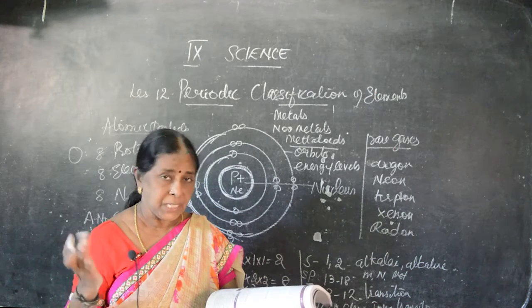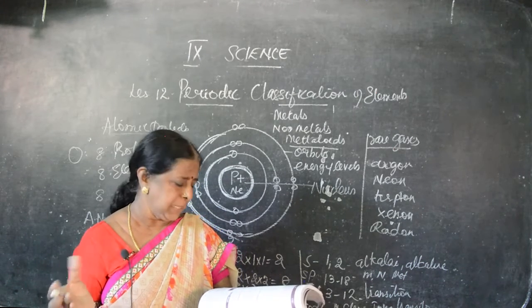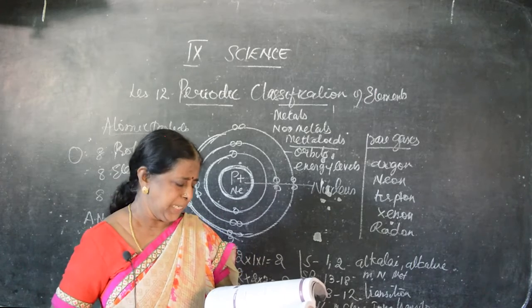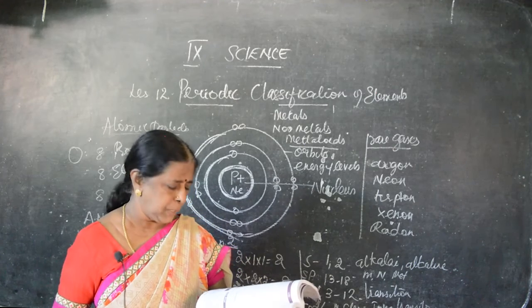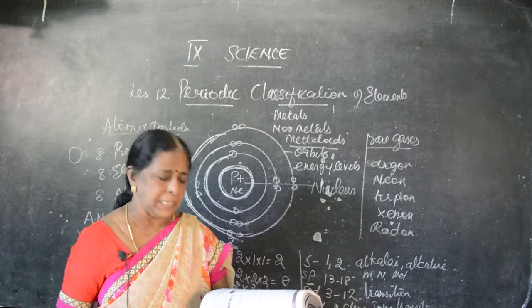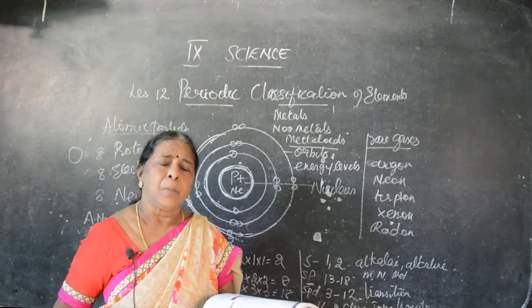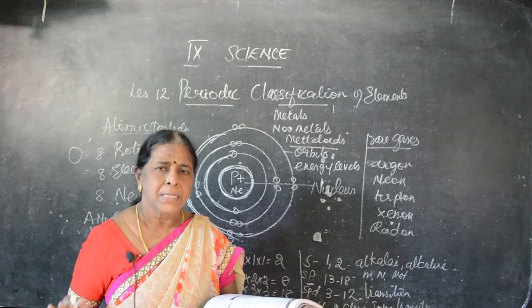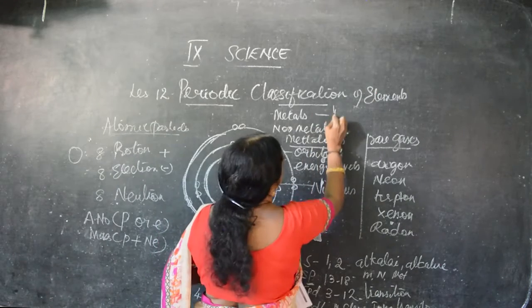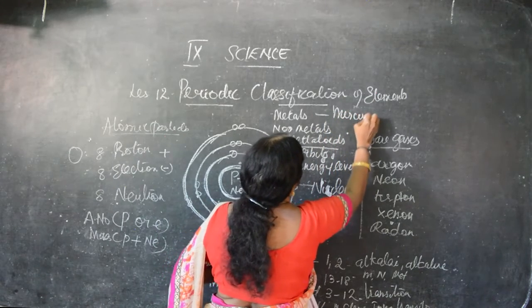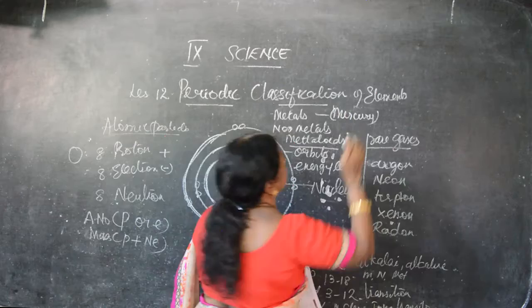Malleable means you can easily make them into sheets; ductile means they can be drawn into wires. They are good conductors of heat and electricity. Almost all metals are solid except mercury. Mercury is the exceptional metal that is liquid, which is used in our thermometers.